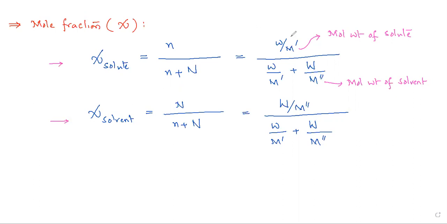Now, in general, in case of a binary solution which consists of just one solute and one solvent, overall it can be given as the mole fraction of solute plus that of the solvent is equal to 1.